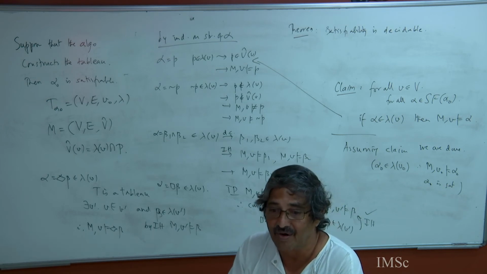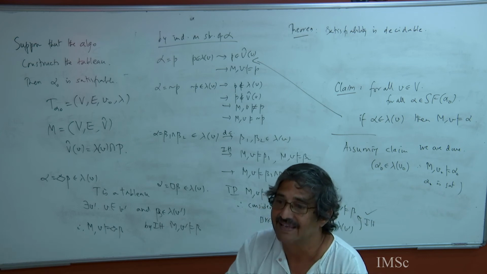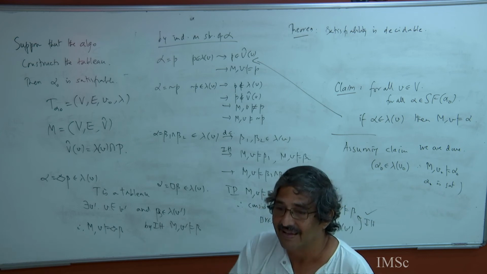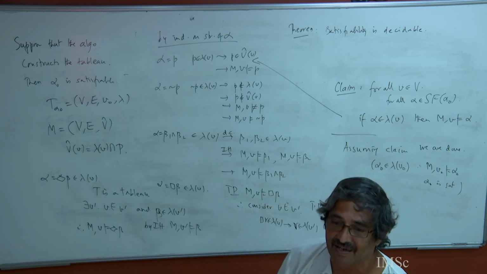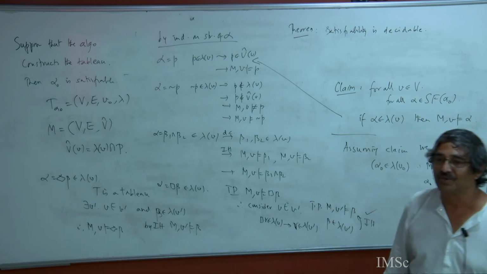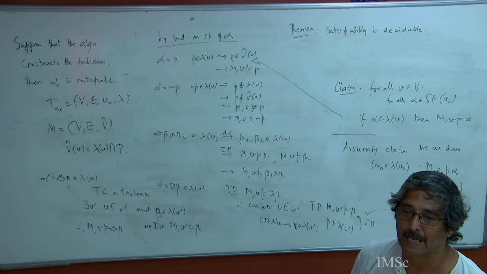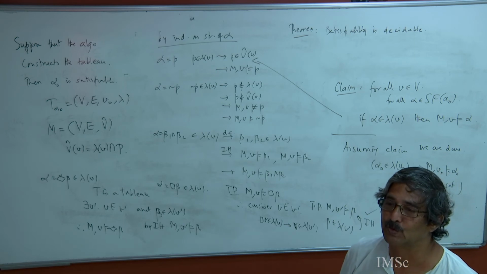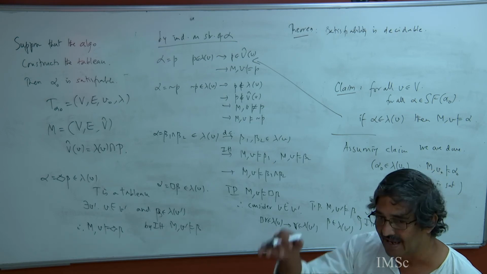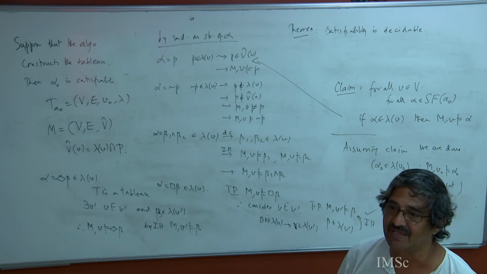What do we know about the model? Whose branching degree is bounded by alpha and the depth is given by the modal degree of alpha. So what is the size of the tree? Let us say branching degree is k and depth is d. What is the size of the tree?